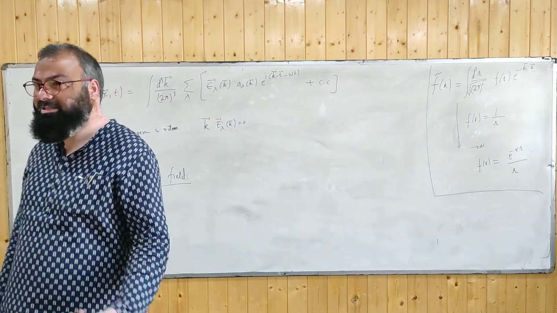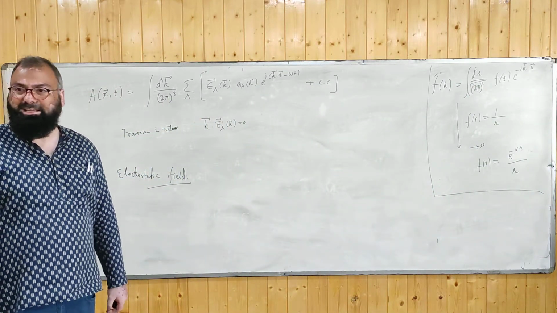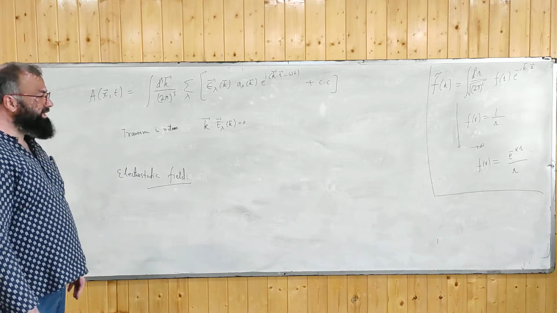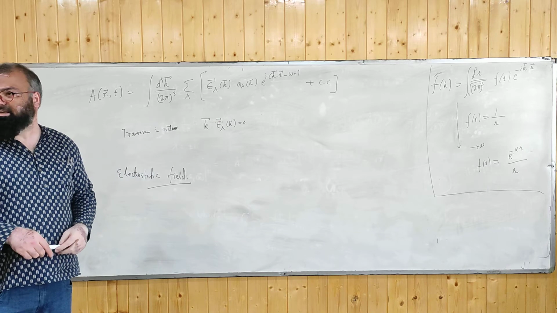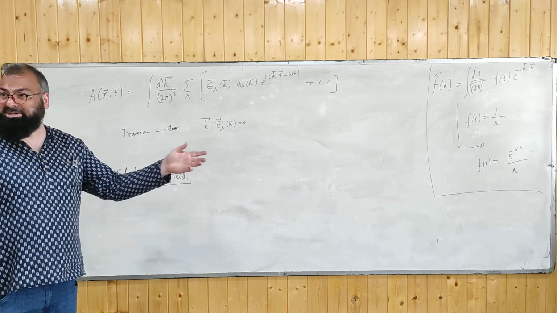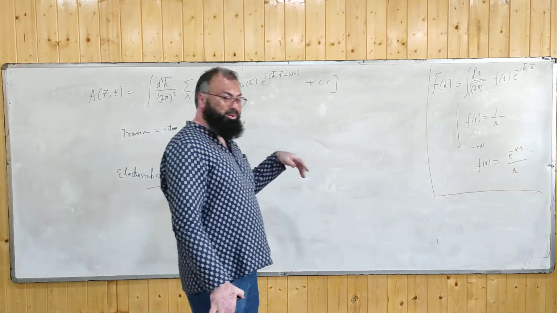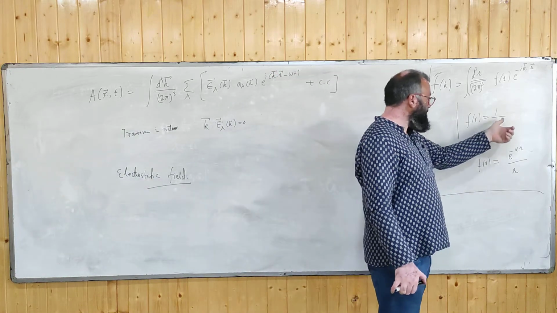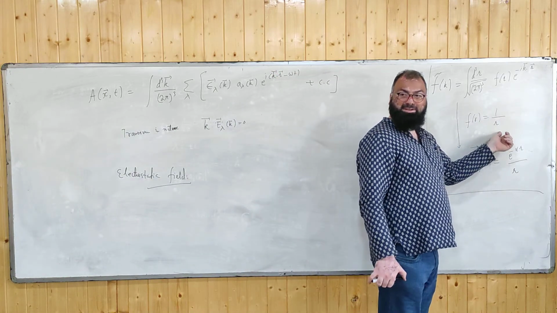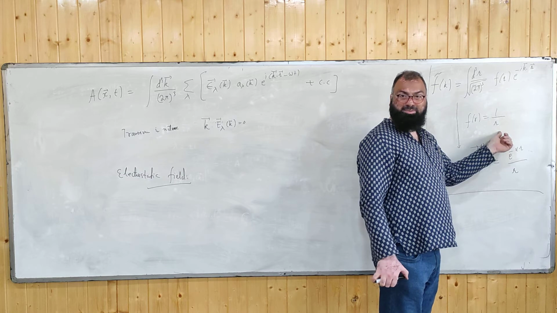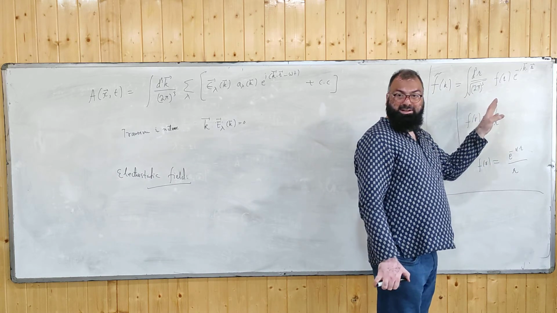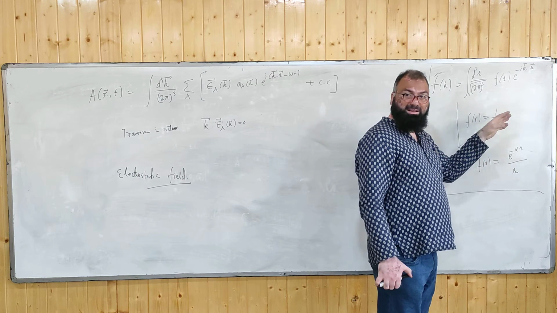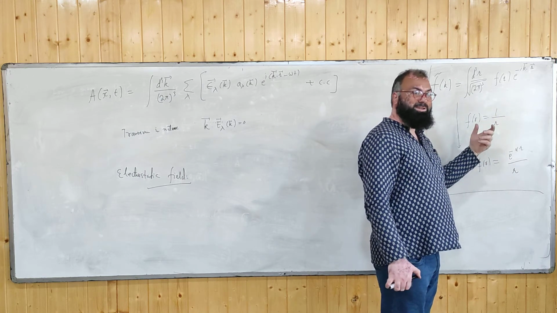But we will do it in a different way. You know this kind of formula for calculating Fourier transforms. This is a very important problem. If you simply take the Coulomb potential 1 by r and try to calculate its Fourier transform, the integral will diverge, because of the long range nature of the Coulomb potential.